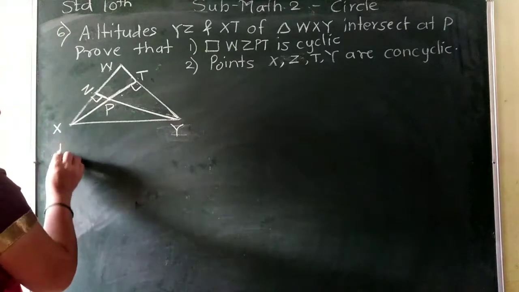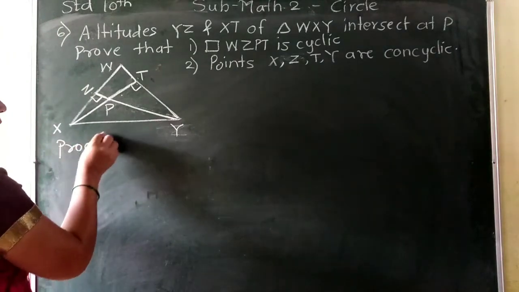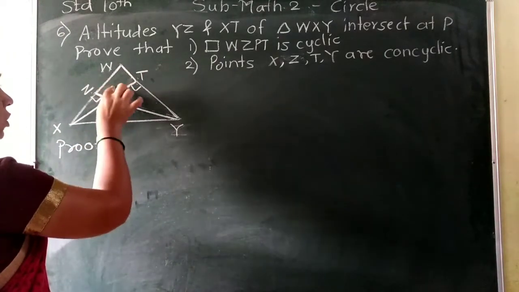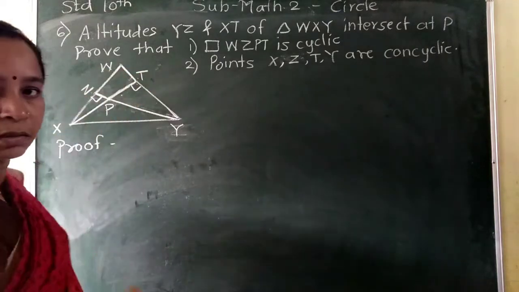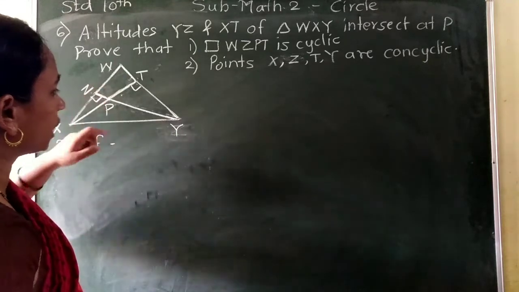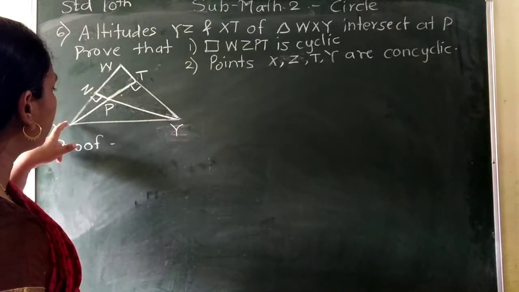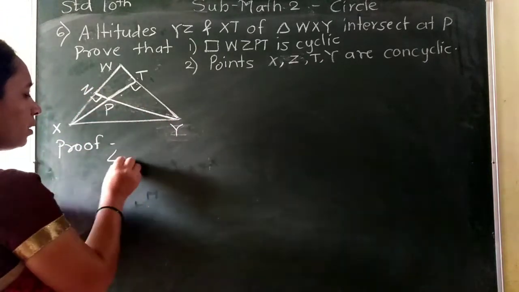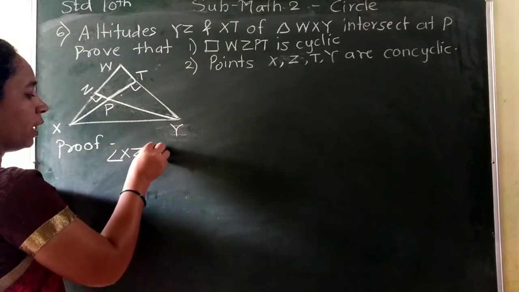So here, proof: for this quadrilateral, I need these two angles, so I have to check the measurement of this angle. They have said that angle XZY is 90 degrees.